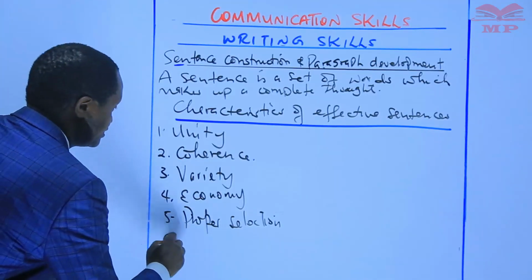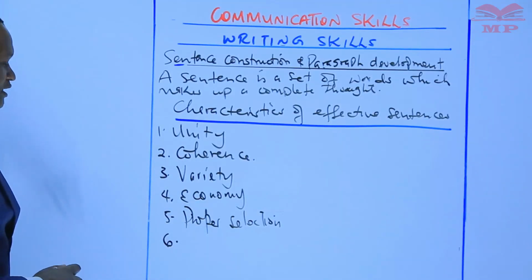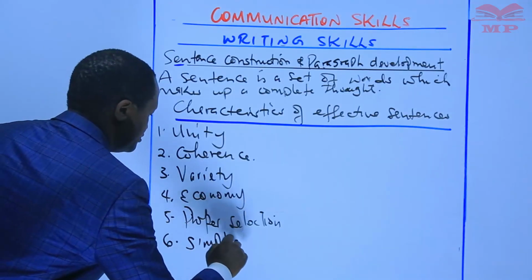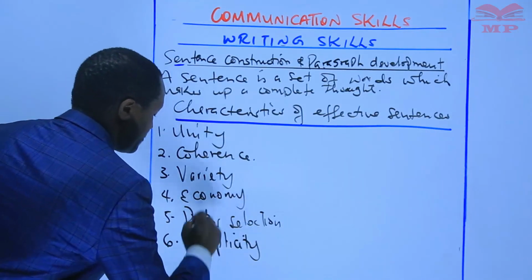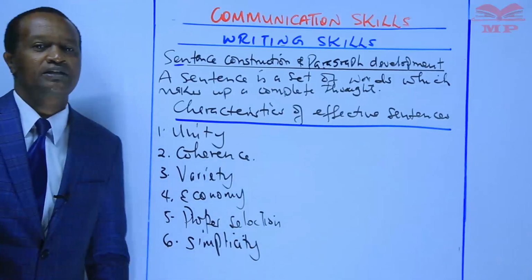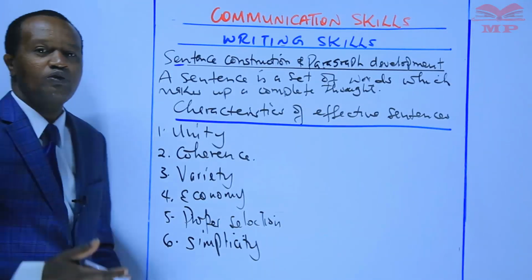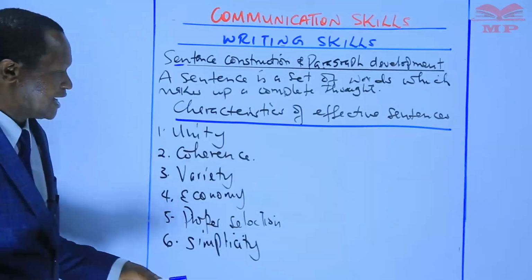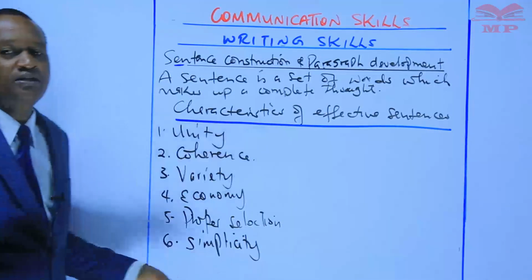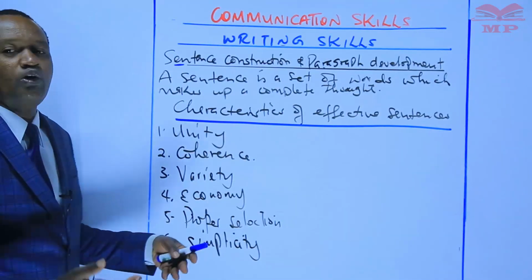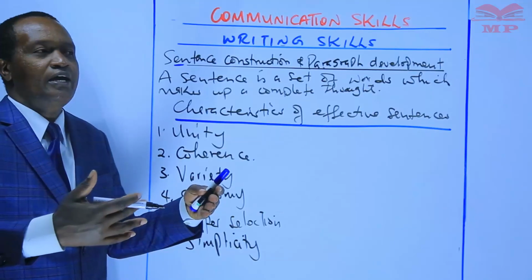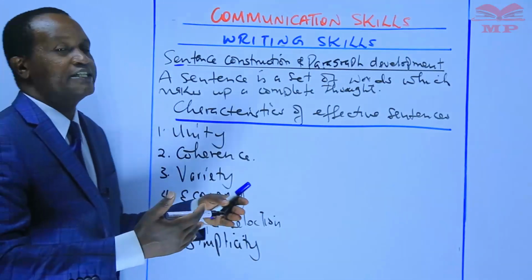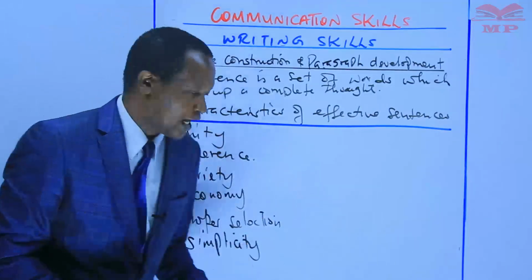The 6th obvious characteristic is that one of simplicity. All right? Candidates, the choice of words, their consistency and simplicity in choice of a pattern gives a sentence an overall simple outlook.